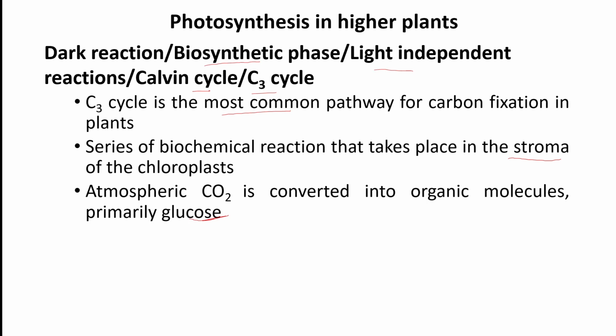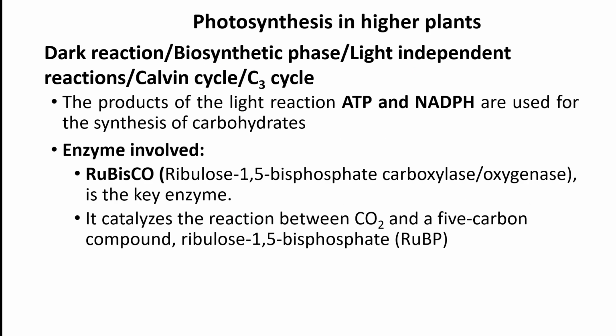And both the starch and cellulose are utilized as a structural building material by the plant. I have already told you that the products of the light reaction, which are ATP and NADPH, are used for the synthesis of carbohydrate in the dark reaction.